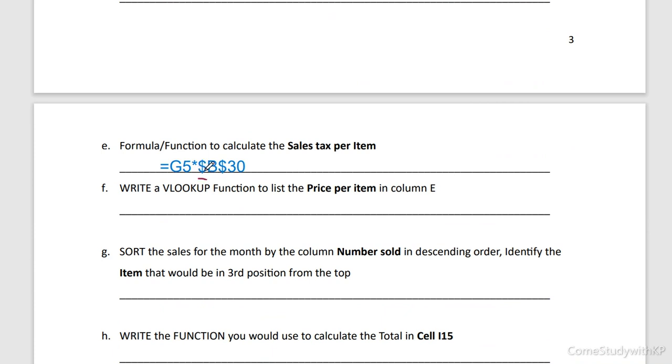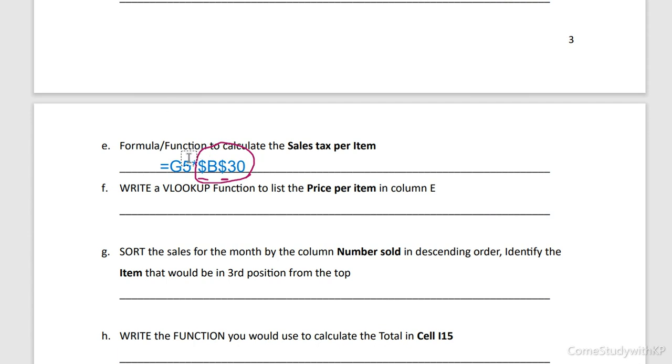So what I do is put a $ sign in front of the column and a $ sign in front of the row to make this absolute. So this is the formula, G5 times B30, but we're also making the rate absolute, using absolute reference.